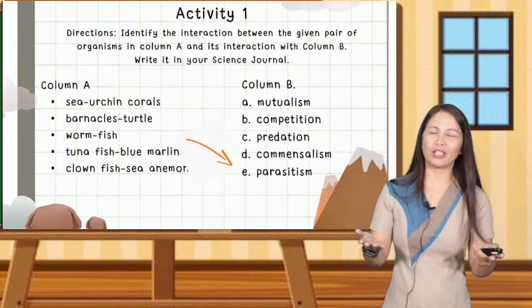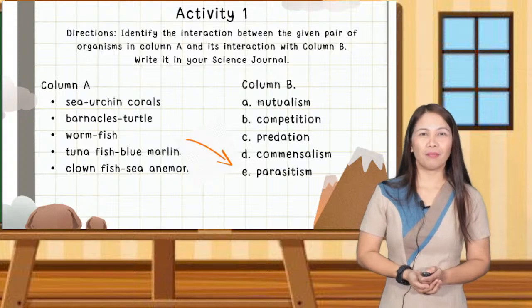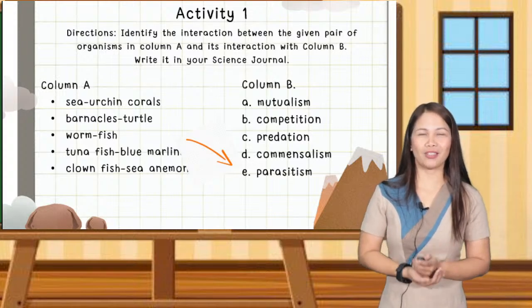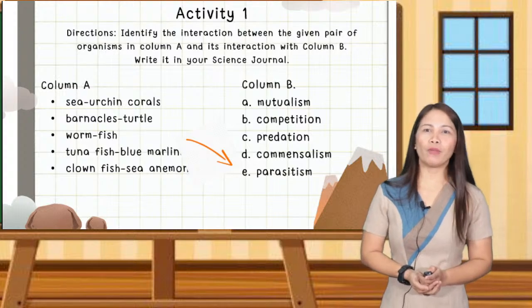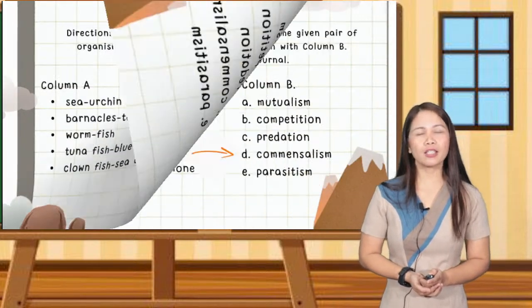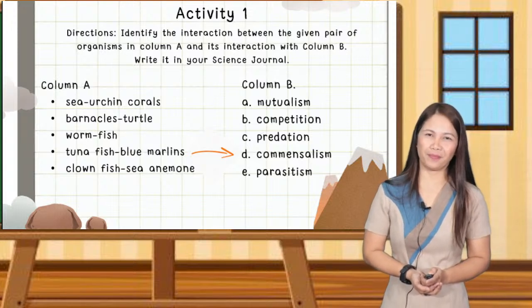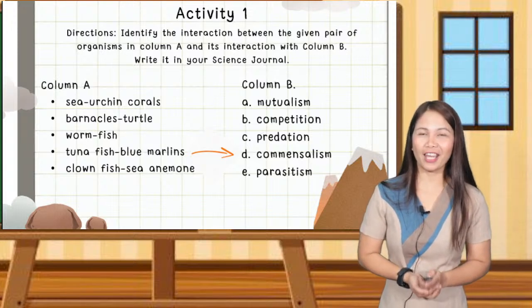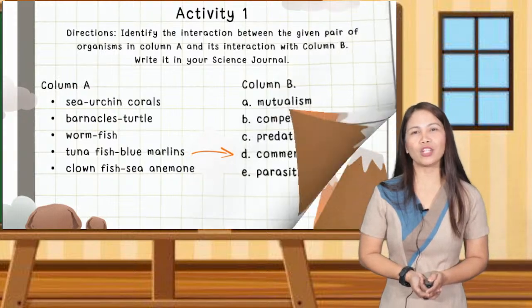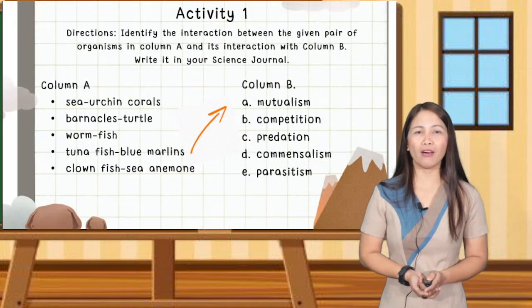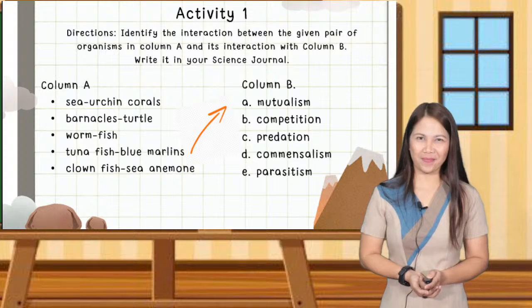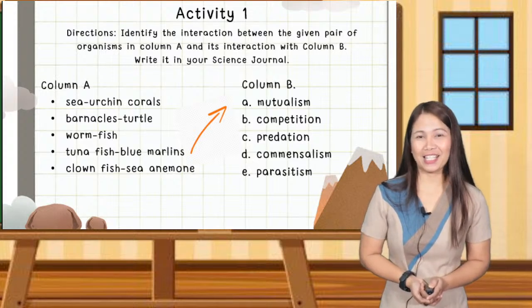It is somewhat related to predators, but there's a host in that particular example. Next, for number 4, we have tuna fish and blue marlin. The answer is, again, commensalism. Did you get it right? And for the last one, we have the clownfish and sea anemone. We have mutualism. Is it 5 out of 5?